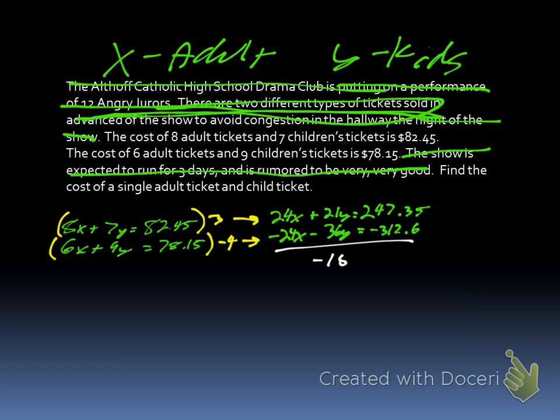Which leaves you with -15y. My 5s are struggling today. Holy cow. Equals -65.25. Notice how they're both negative, which is a good sign because the answer needs to be positive. Divide by -15. y = $4.35.